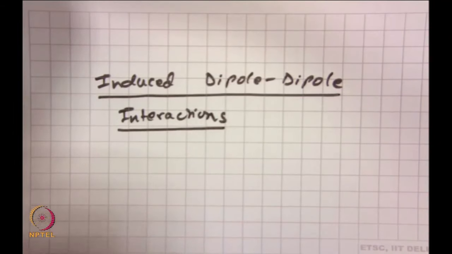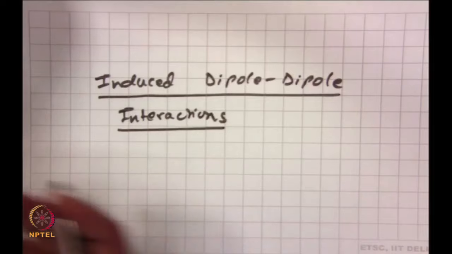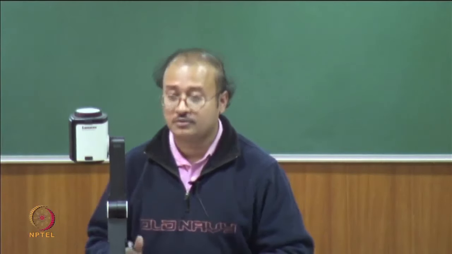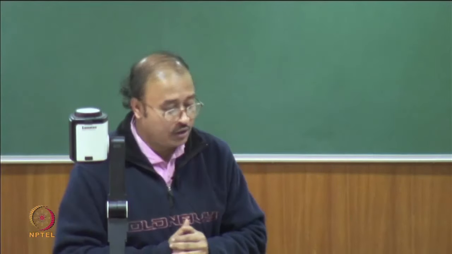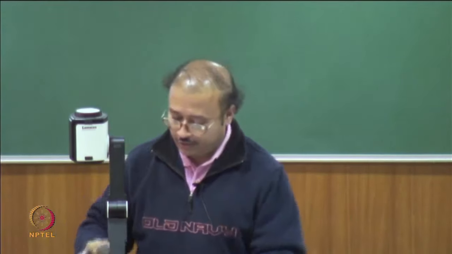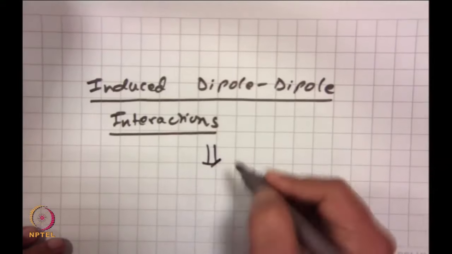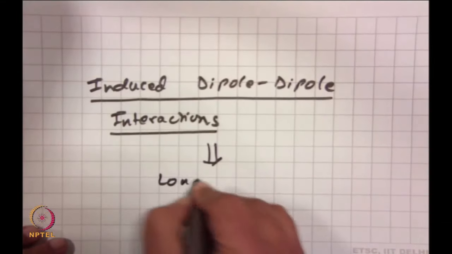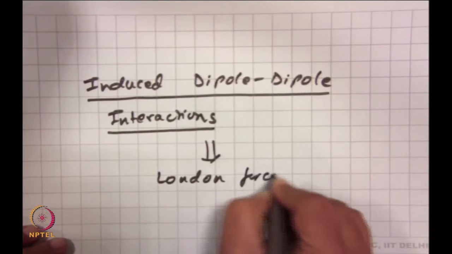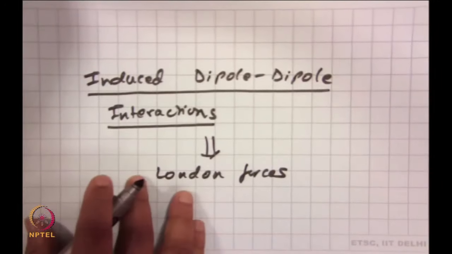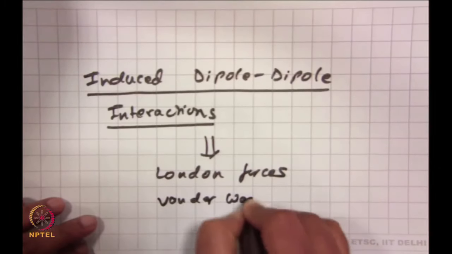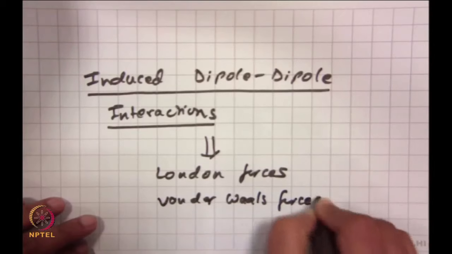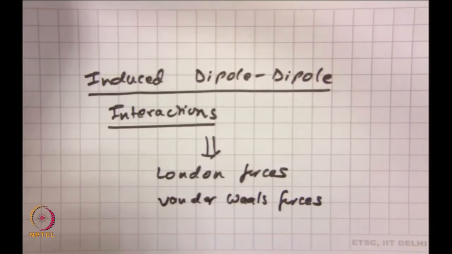Or you can even write instantaneous induced dipole interactions, it does not matter, but at least the message is out there. These dispersion forces are also referred to as London forces, and people call this interchangeably Van der Waals forces.